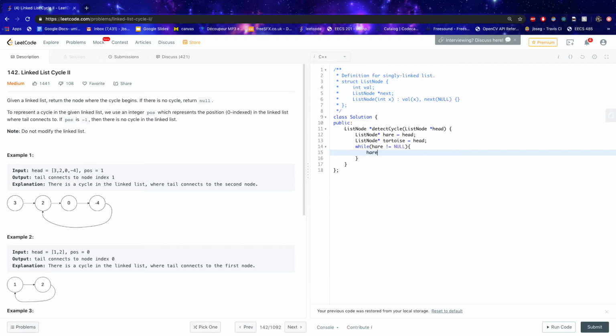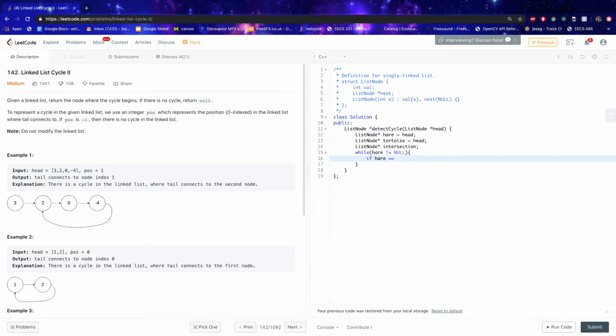Okay, so hare. Oh yeah, and then we should also write list node intersection. Hare. So if hare equals.